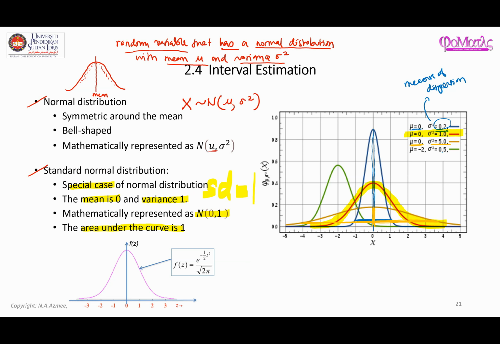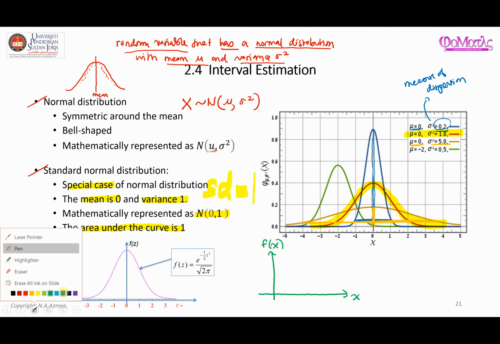Alright, now let us revisit the idea of integral calculus. Suppose this is your horizontal axis, labeled by x, and this is your vertical axis, labeled by f(x). And let's say you have this particular curve, given by f(x).